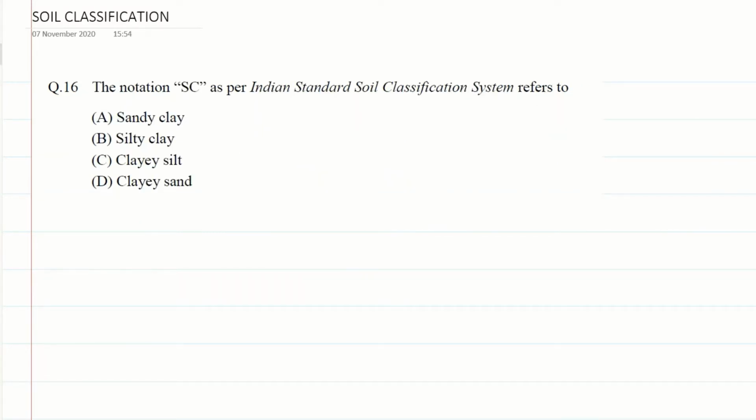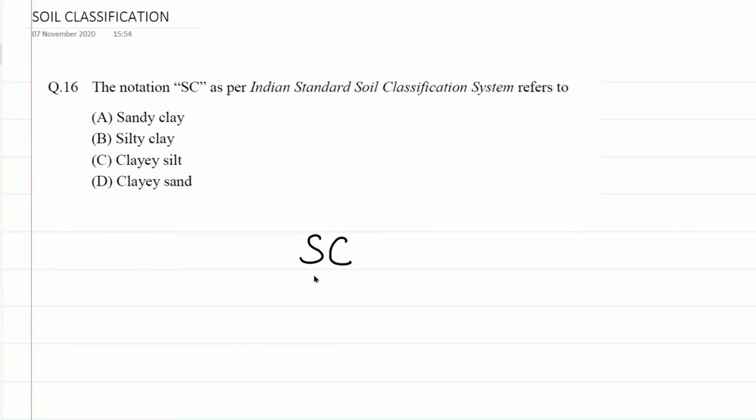The notation SC as per Indian Standard Soil Classification System refers to, so in Indian Standard Soil Classification System, S indicates the noun or the major soil type and the second letter indicates the adjective or the second major soil type.